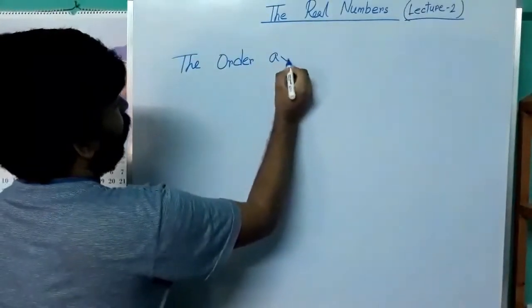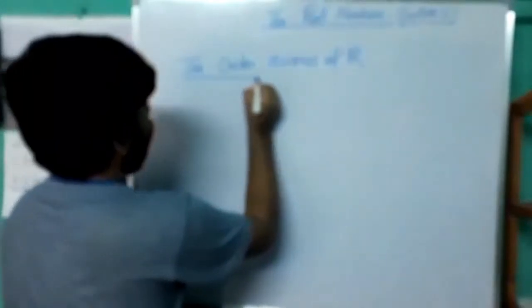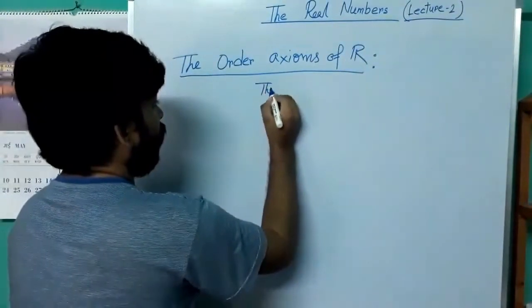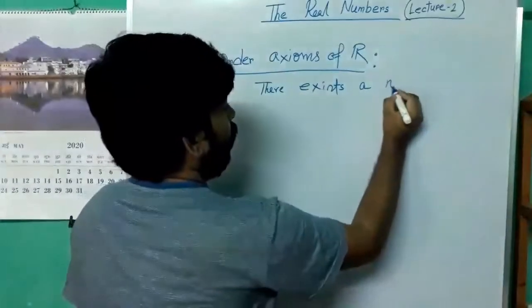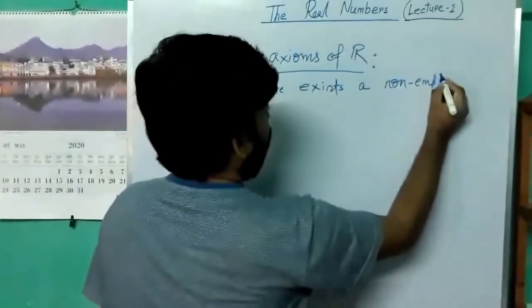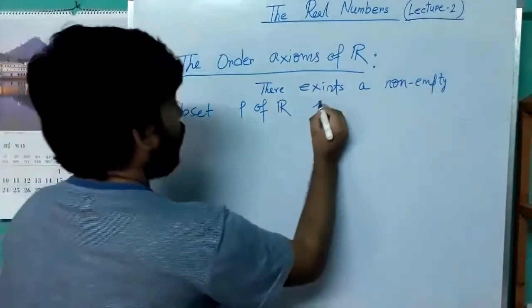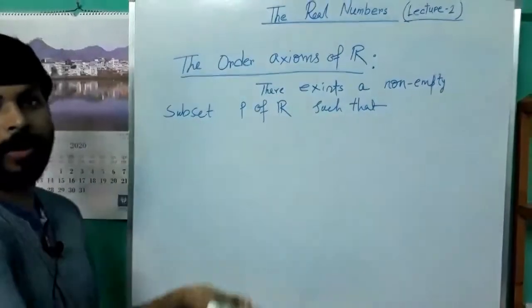So, the order axioms of R. We assume that there exists a non-empty subset P of R such that the following three properties hold.